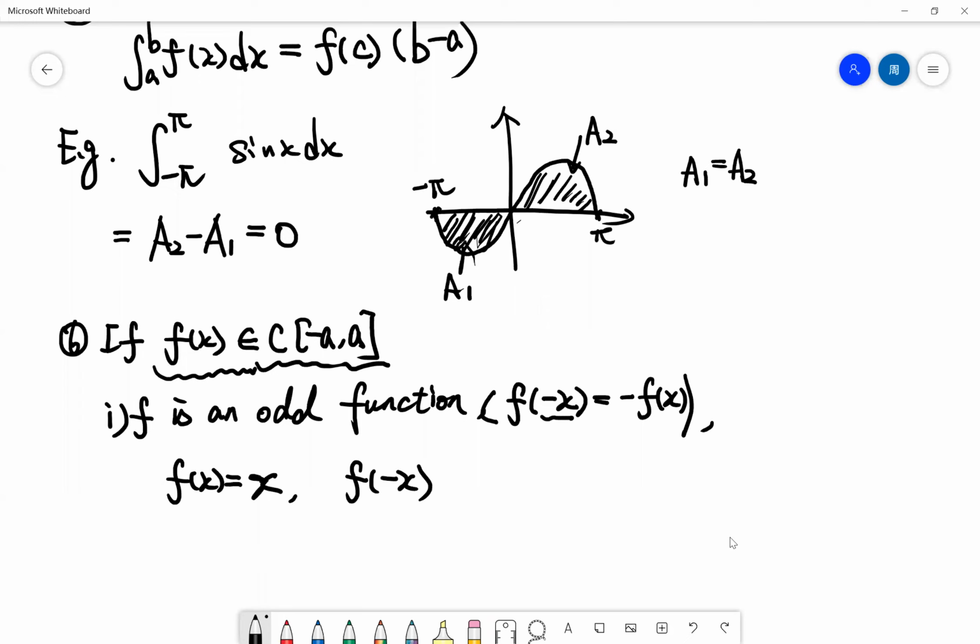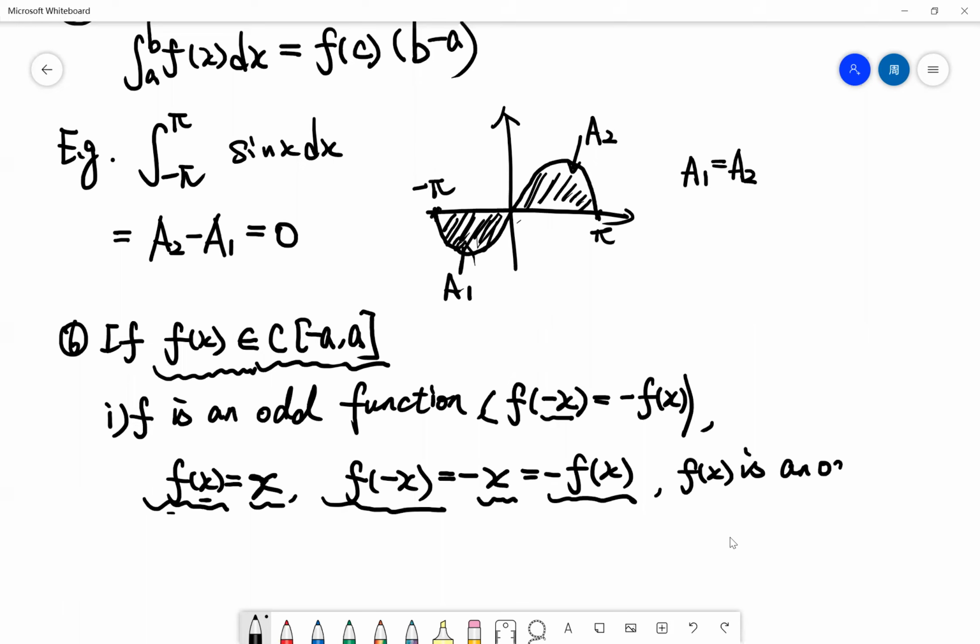From the rule for this function, the value of the function equals the variable, right? So f of minus x equals minus x, right? And x here equals f of x. So that equals minus f of x. So from the beginning to the end, we know that the function f of x is an odd function.